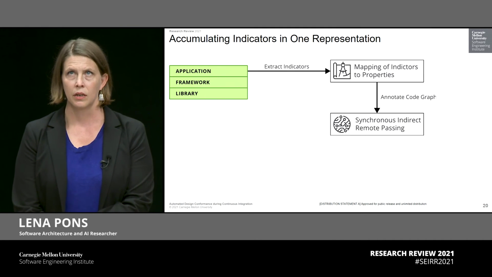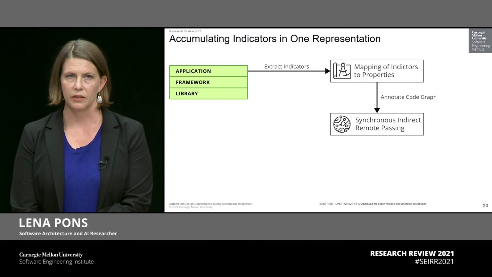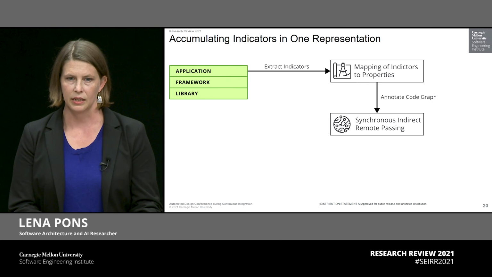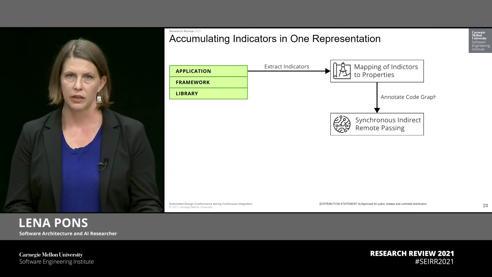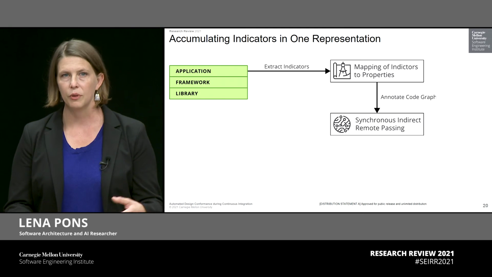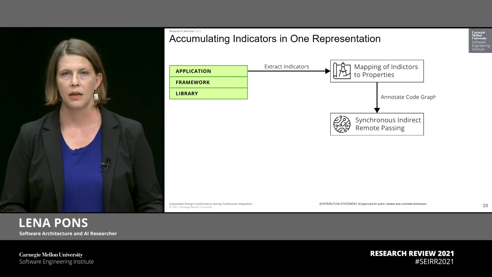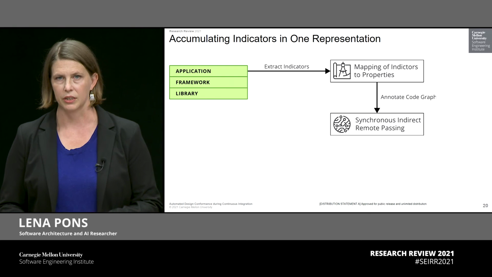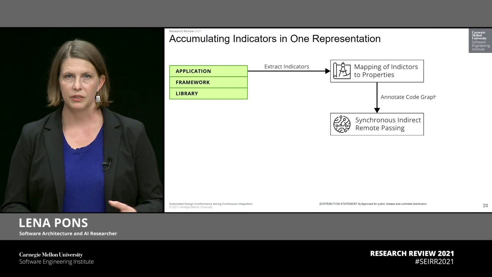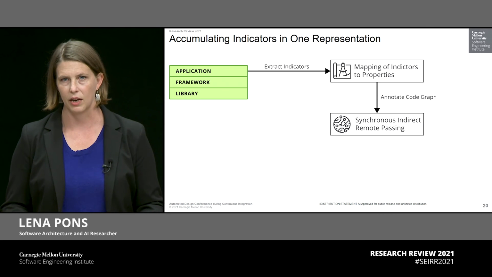Important in integrating this work into the existing conformance checker is our ability to accumulate all of these indicators that we've extracted from the different layers in the software stack back to a single representation. So we built a very powerful data representation in the code graph that Rod described earlier.